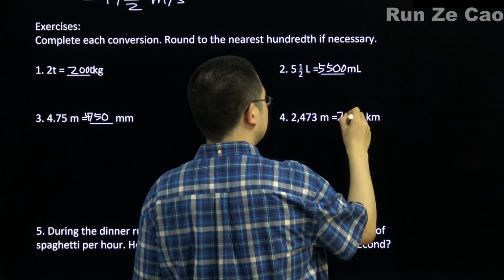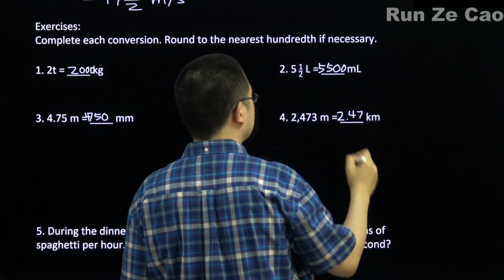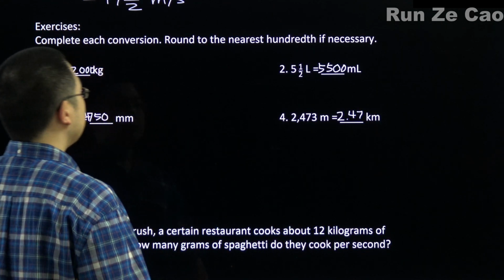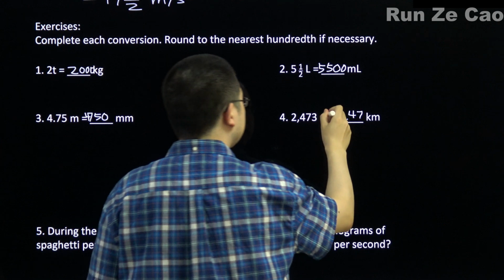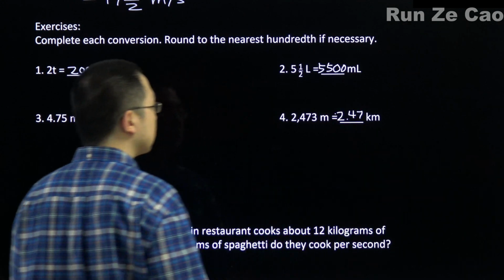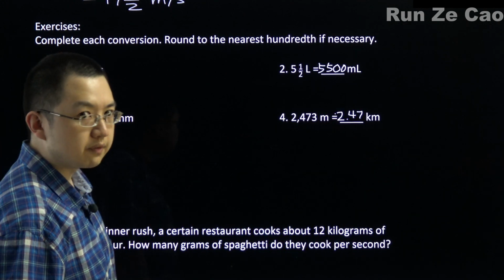Well, it's 2.47 kilometers because it said nearest hundredth if necessary. So we put the approximation dot on top of the equal sign.